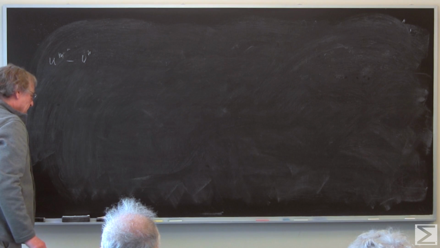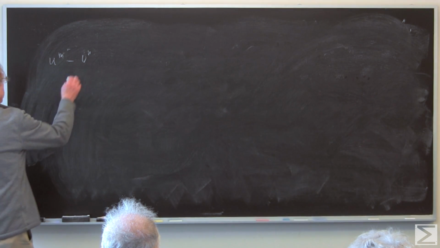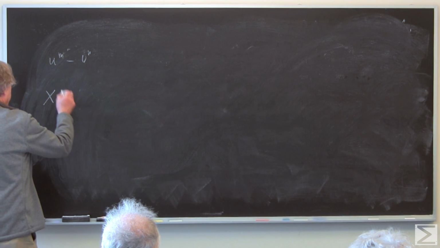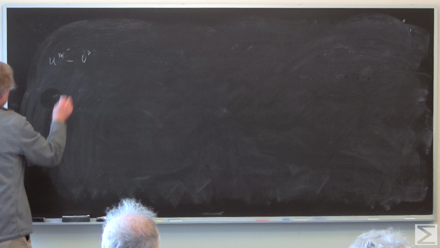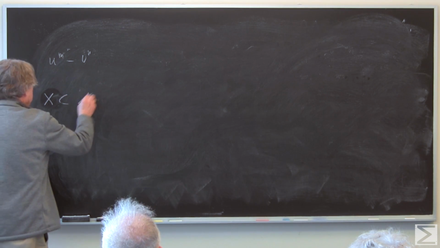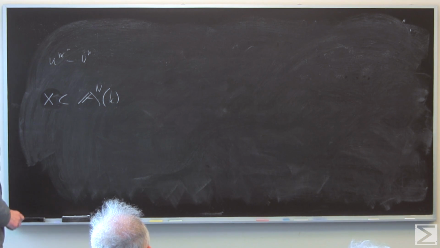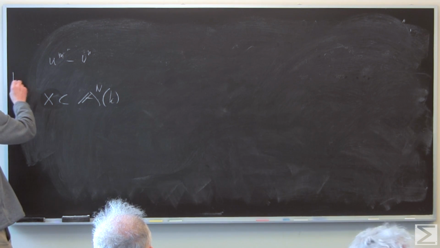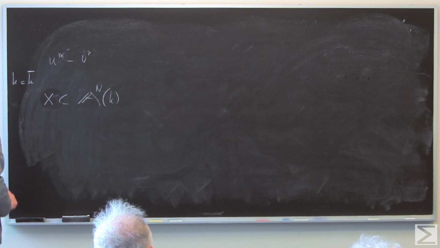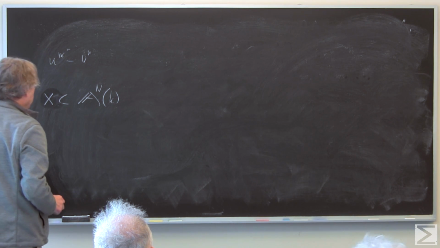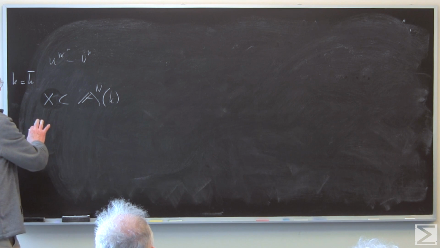So my toric variety, which let me call X, lives in some affine space. I'm only talking over my field K. And now I'm going to assume that K is algebraically closed for a good reason, not for simplicity. So this is my toric variety defined by binomials.